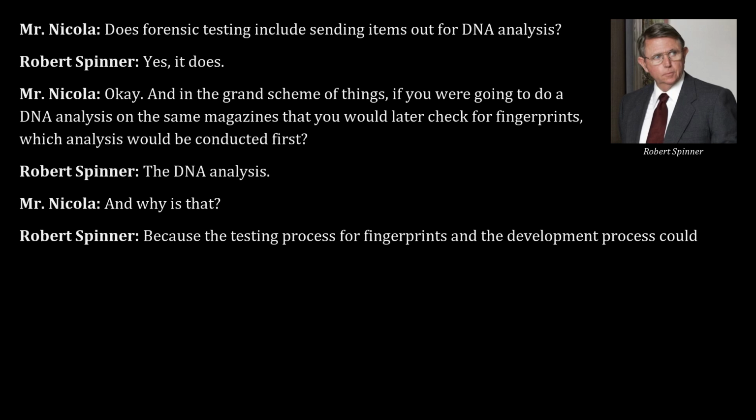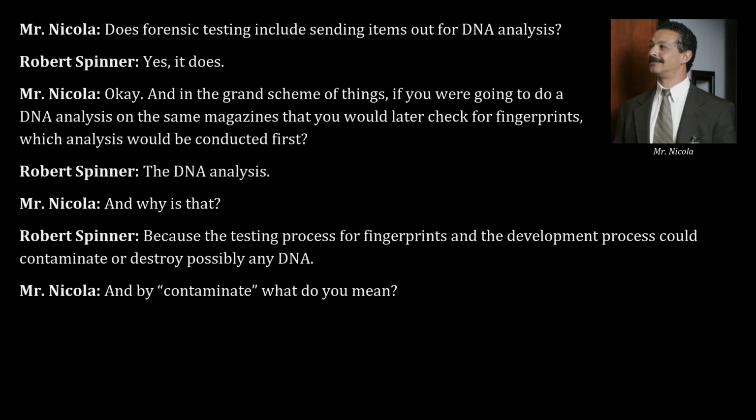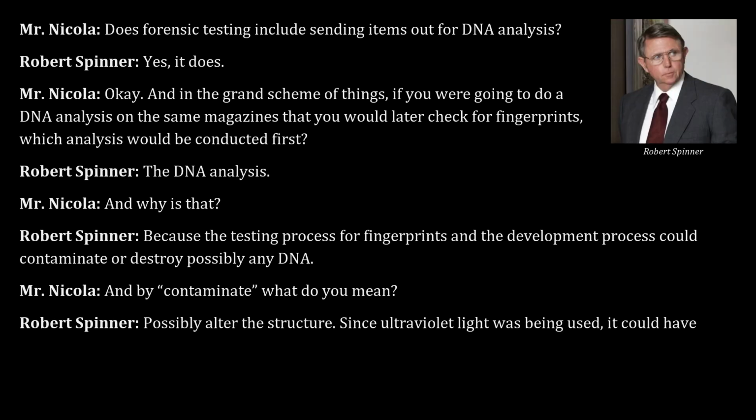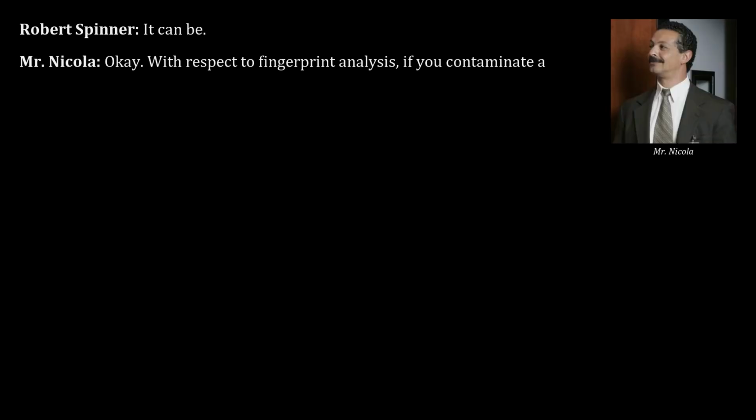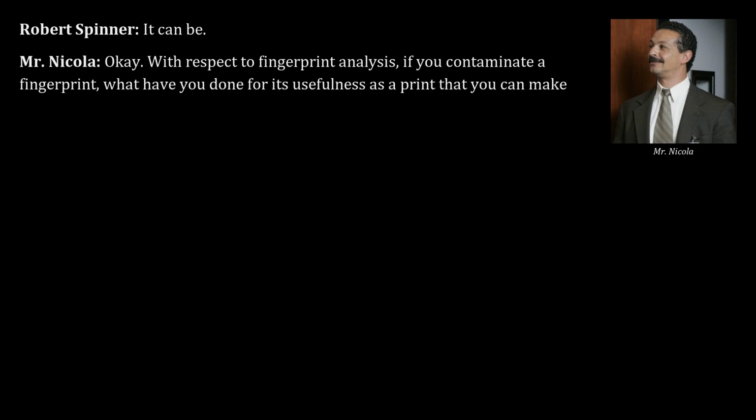Because the testing process for fingerprints in the development process could contaminate or destroy possibly any DNA. And by contaminate, what do you mean? Possibly alter the structure. Since ultraviolet light was being used, it could have damaged the DNA. And is contamination essentially destruction? It can be.